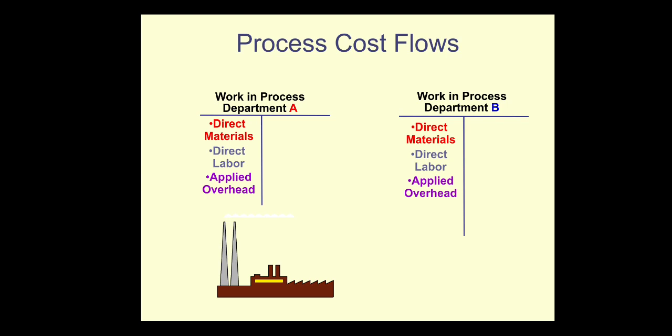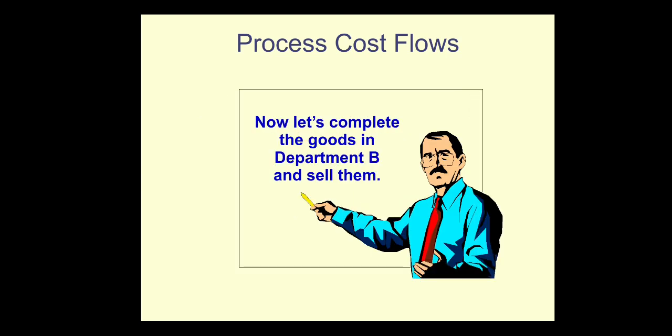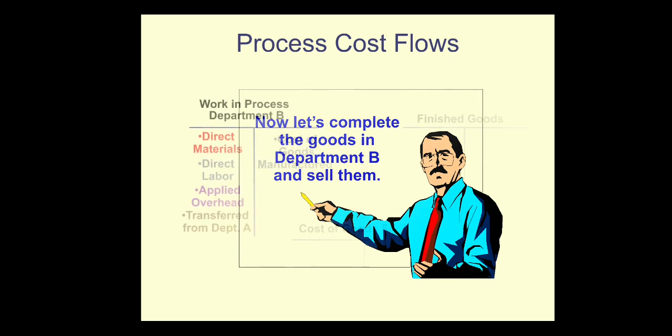In this example, only 2 departments are used. At the end of the process, in the last department, the product is completed, and then the product can be sold.